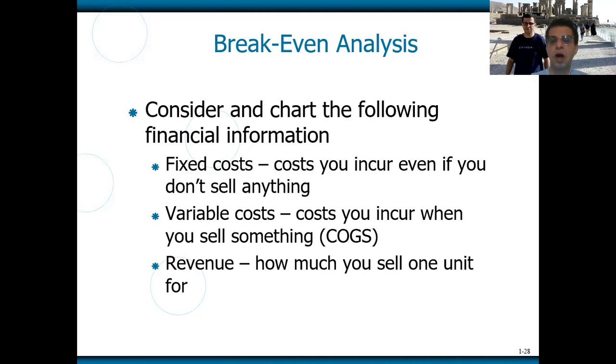Variable costs arise when you have machinery and start producing, so you need to put in materials, raw materials, to get a process. The raw materials have a cost, so the more you put in, the higher the variable cost. The variable cost is incurred when you sell something. And then the revenue is how much you sell one unit for.